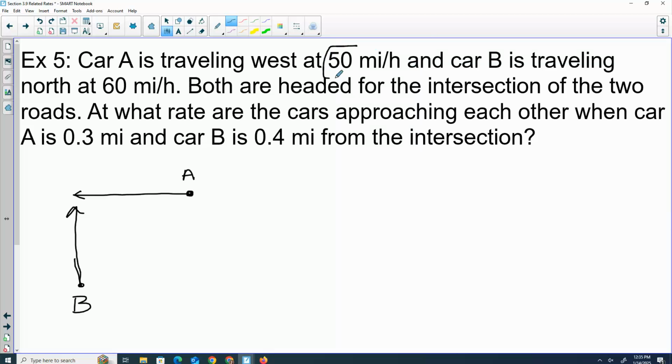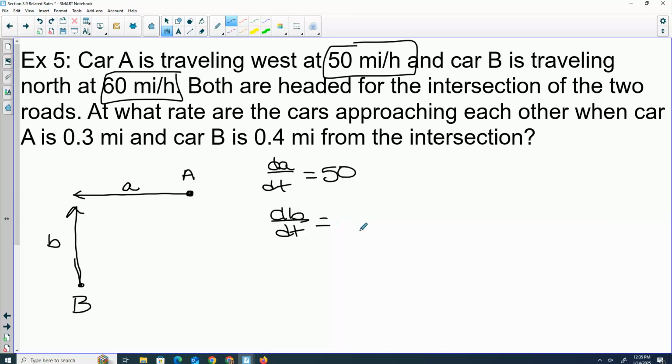What would these be? That would be the derivative. So I'm going to call the distance A has traveled as A and B is B. So I'm going to say my dA dt is 50. My dB dt is 60.